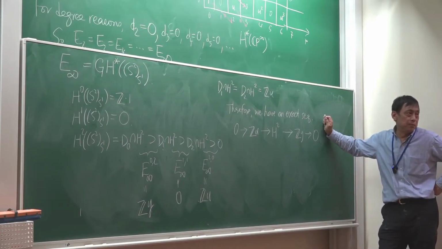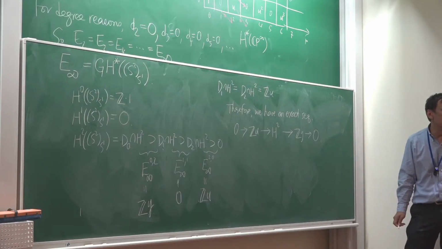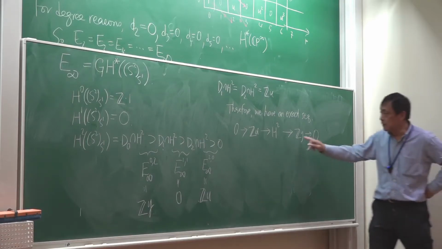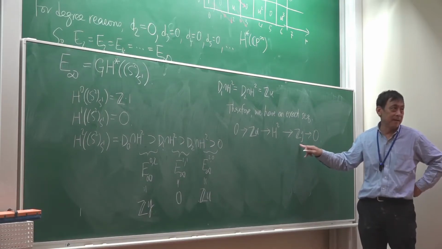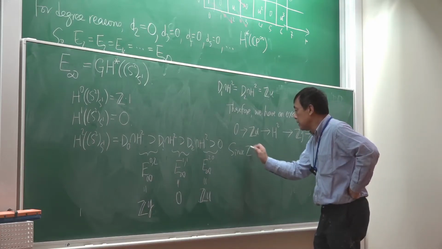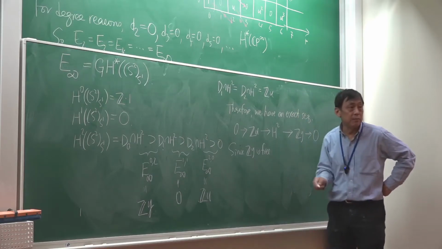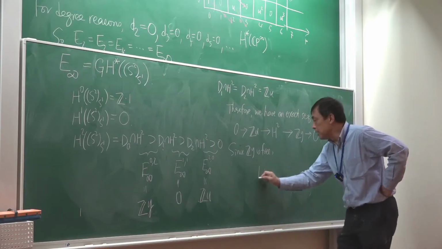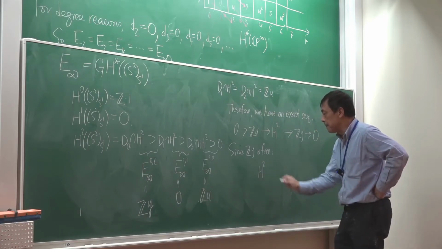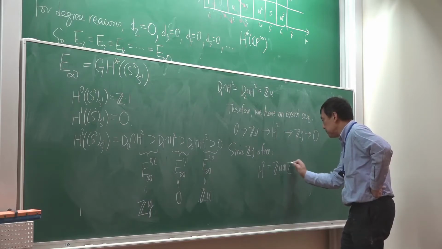So what's H2? If you have an exact sequence like this, it is the direct sum, because you have a free group here. Okay? So since ZY is free, it's a free abelian group of rank 1. H2 is ZU plus ZY.